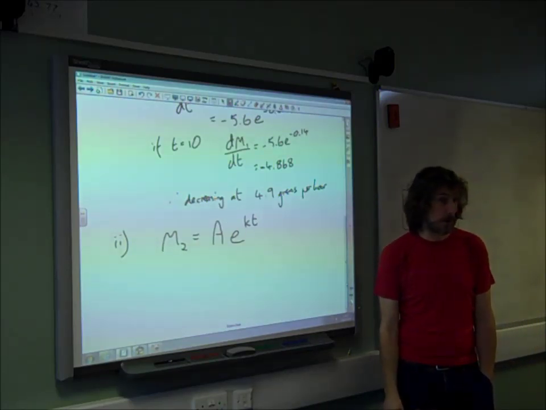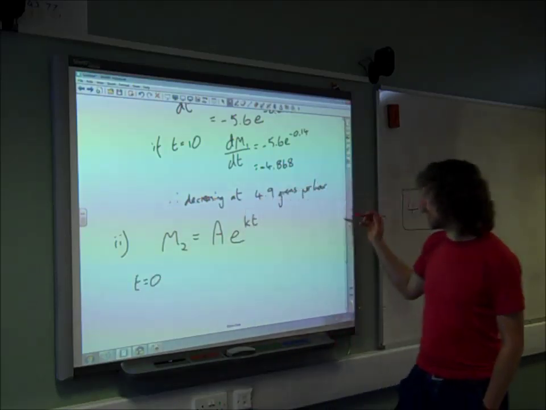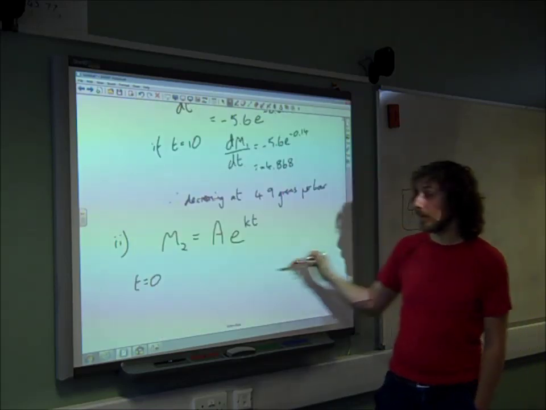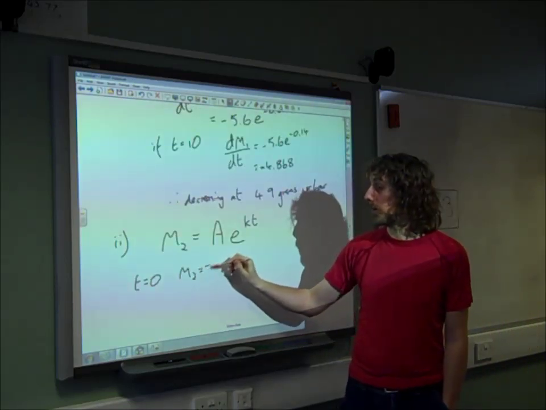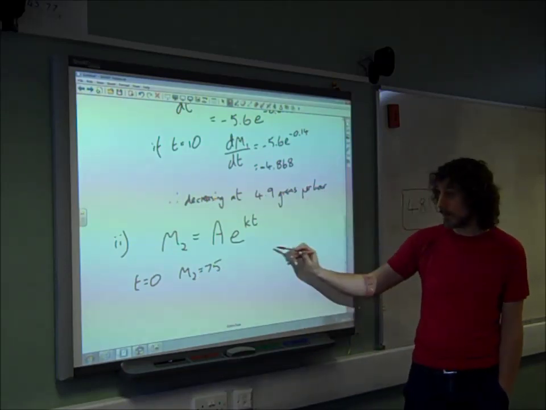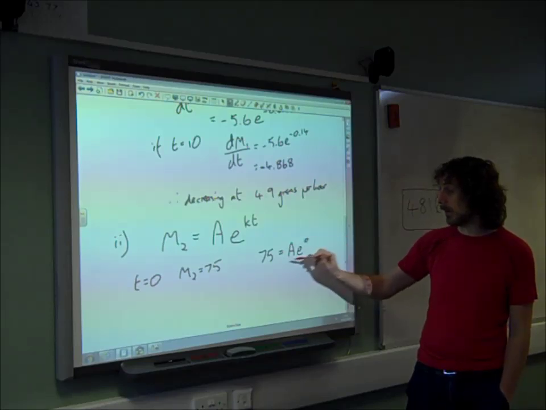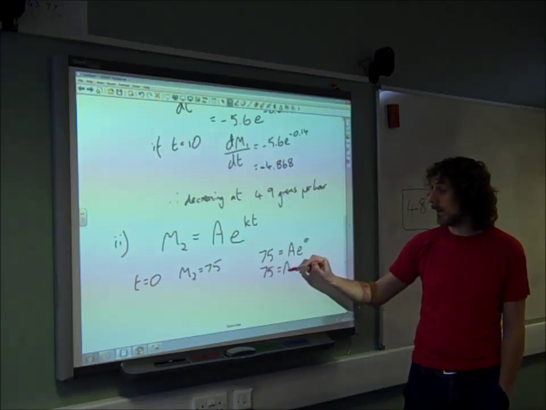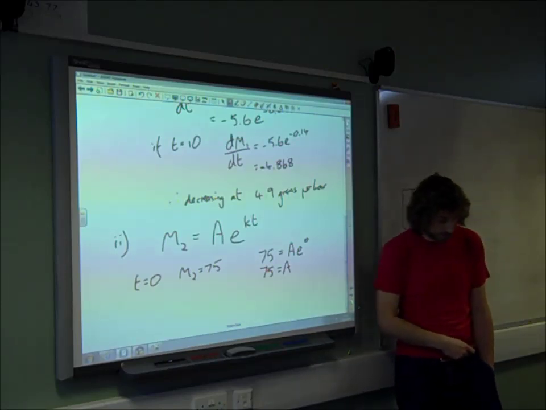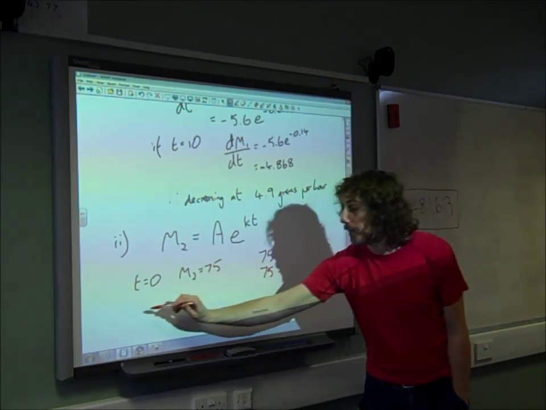And what I know about this is that when t equals 0, my expression has M2 as being 75. So if I sub in those values, I get 75 is a e to the 0. In other words, 75 is equal to a. So that's a good start point. I also know that when t is 10, M2 is 120.